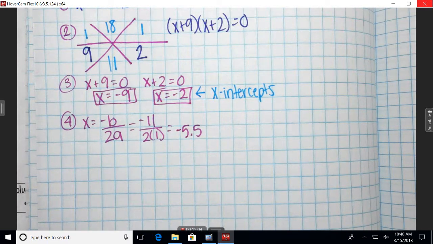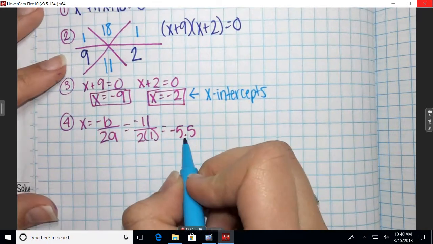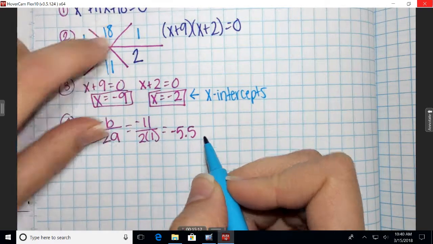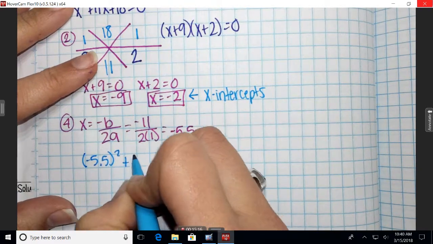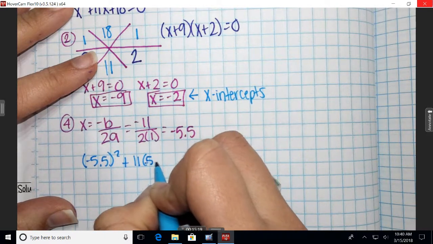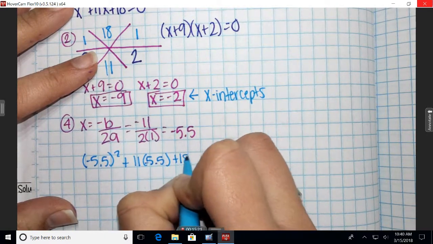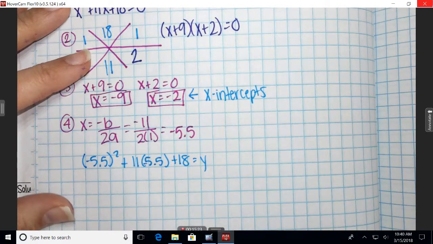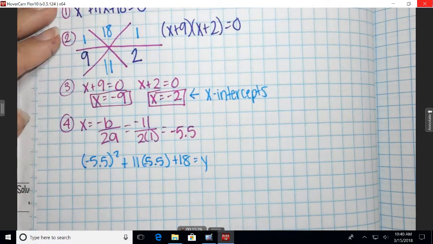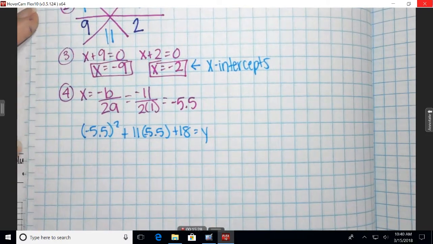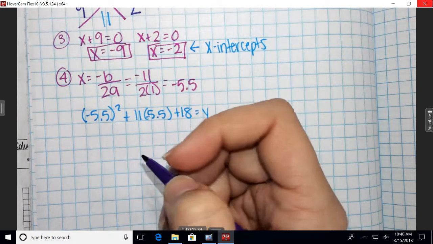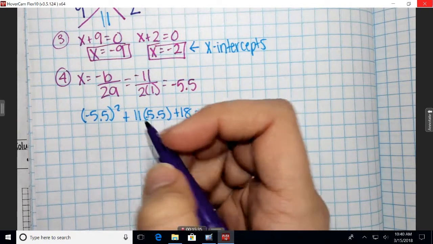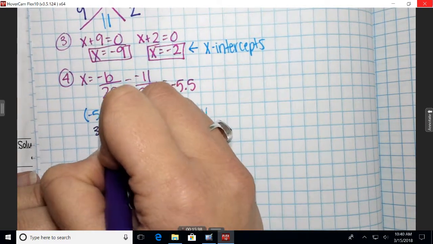Am I done, or do I need to plug that in to get my whole vertex? You've got to plug it in to get your whole vertex. So we're going to take negative 5.5 and plug it in everywhere we see an x. What is negative 5.5 squared? 30.25.